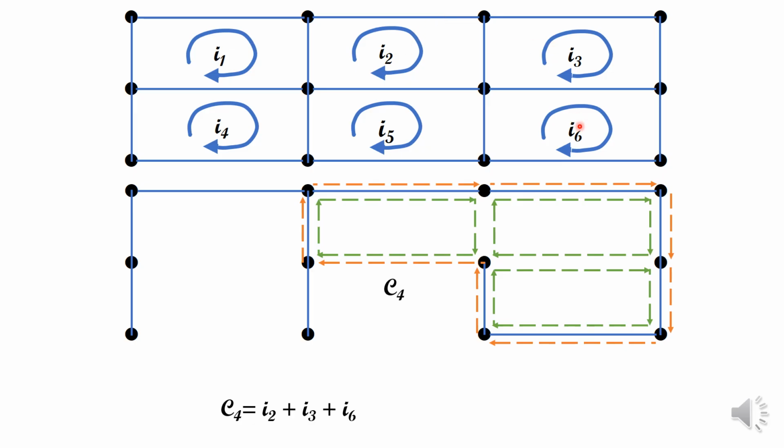So that's the meaning that I've given to the equations that I wrote on the previous slide. I hope this illustrates how any current that can be expressed in terms of these cycles from the spanning tree can be expressed in terms of the loop currents.